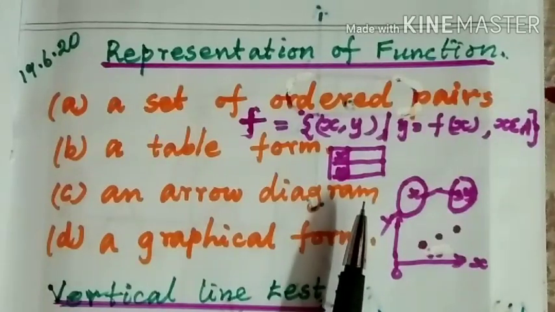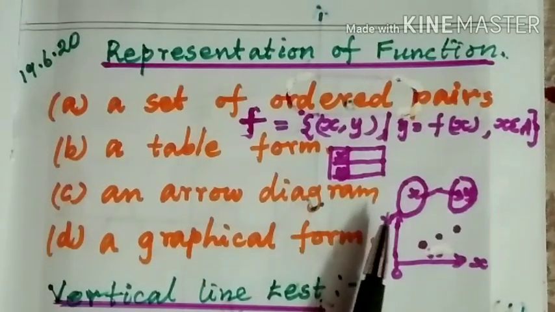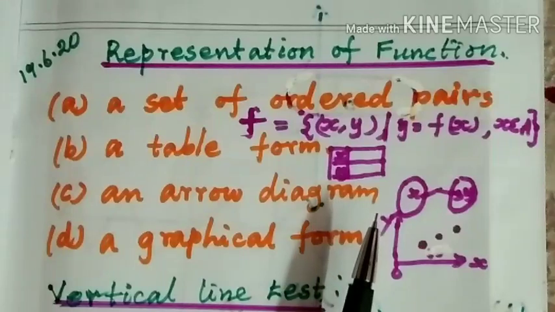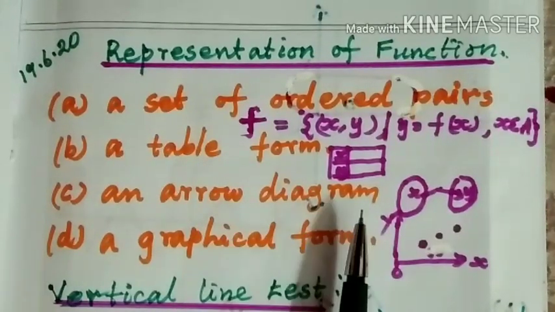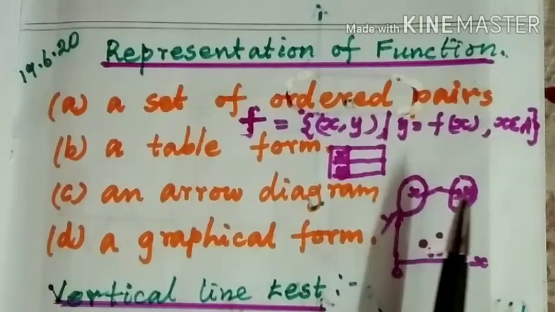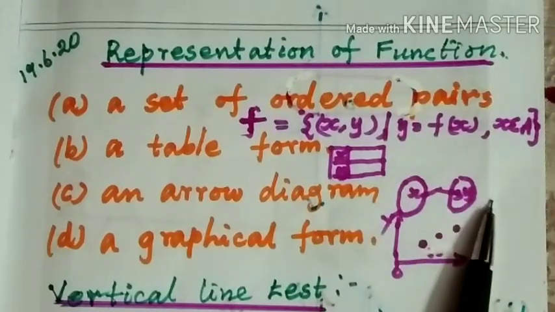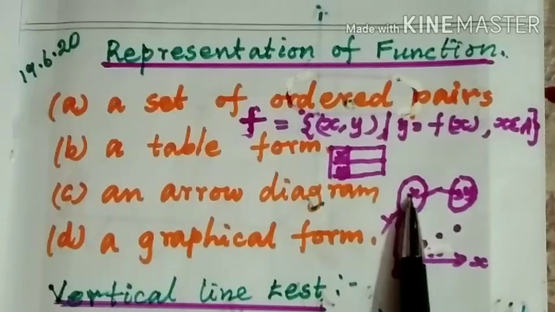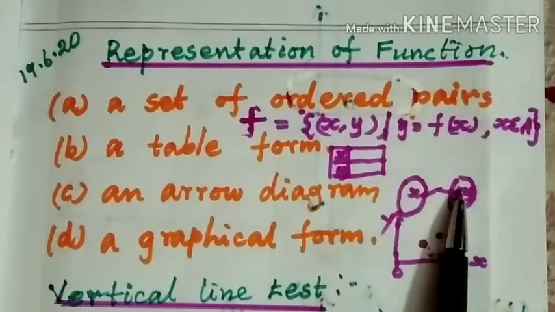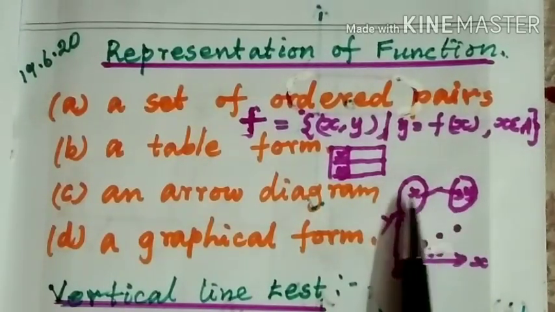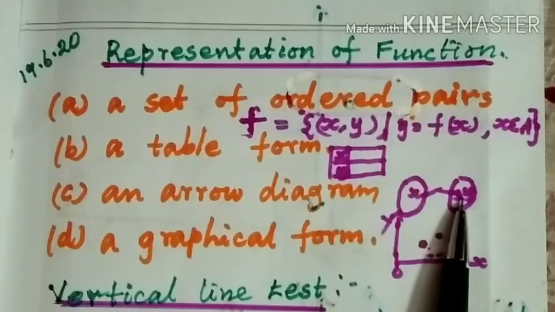An arrow diagram indicates the elements of the domain of f and their respective images by means of arrows.